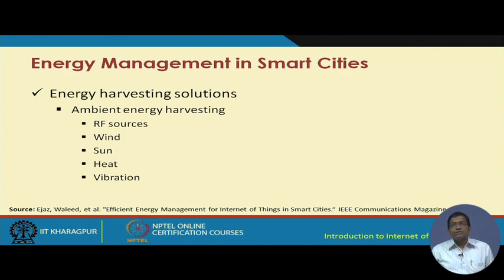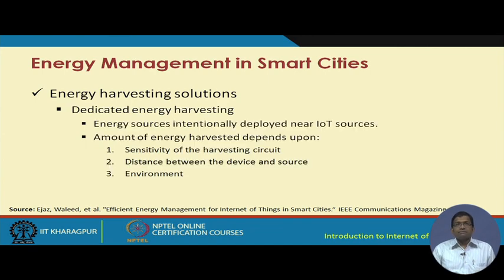So, from the RF sources, harvesting energy from sun, wind, heat, vibration, there are so many different types of ambient sources of energy, and how you can harness the energy from all of these different sources. Energy harvesting solutions would include dedicated energy harvesting by deploying sources like solar panels, etc.